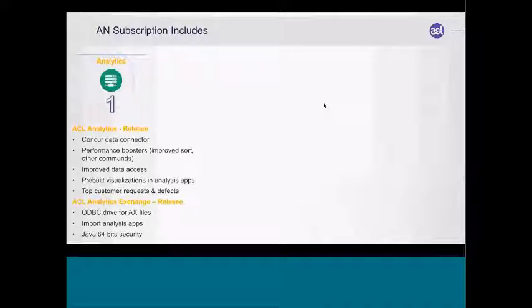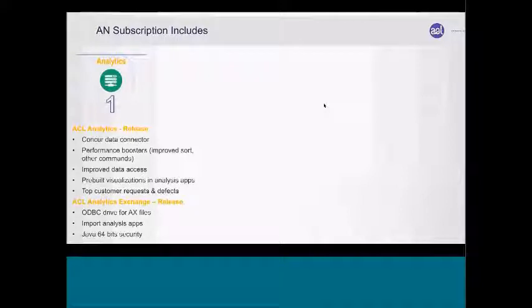There's the new data access window, and pre-built visualizations and analysis apps, so you can use a centralized librarian type model where one data scientist builds scripts and distributes them to the broader team who can run them. So now your vises can be pre-built, and a lot of customer top requests from the user forum and defects as well.